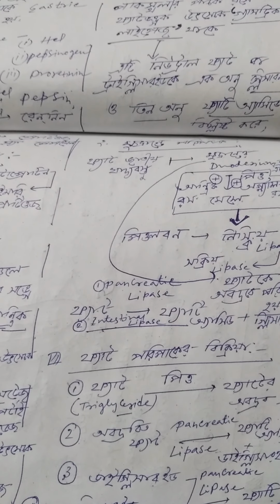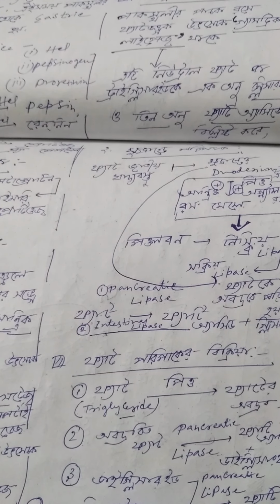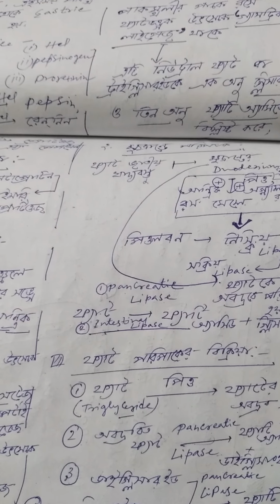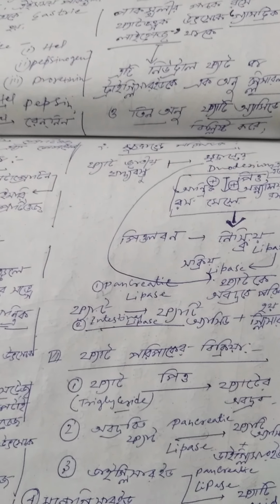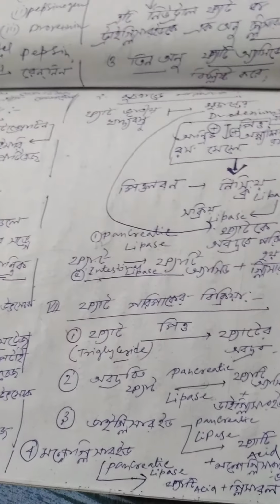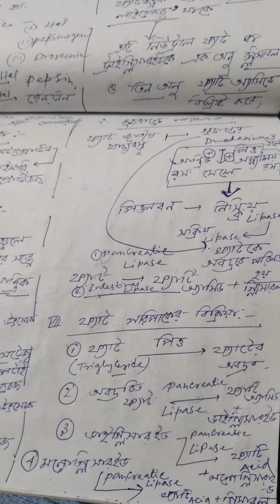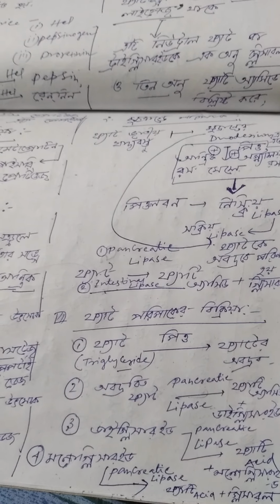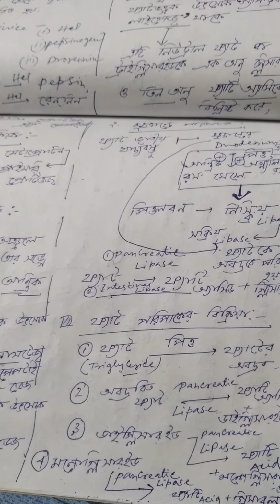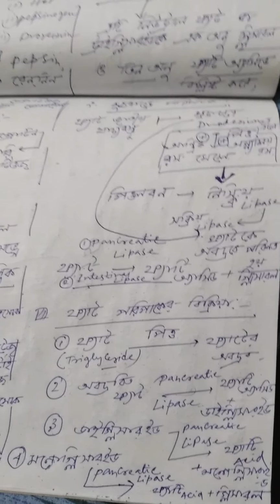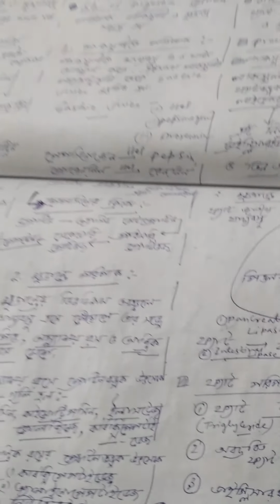Ultimately different reactions occur, that is the triglyceride is converted to fatty acid and diglyceride, and then by pancreatic lipase the diglyceride is broken down to fatty acid and monoglyceride. And whenever this process happens, the absorption process proceeds.